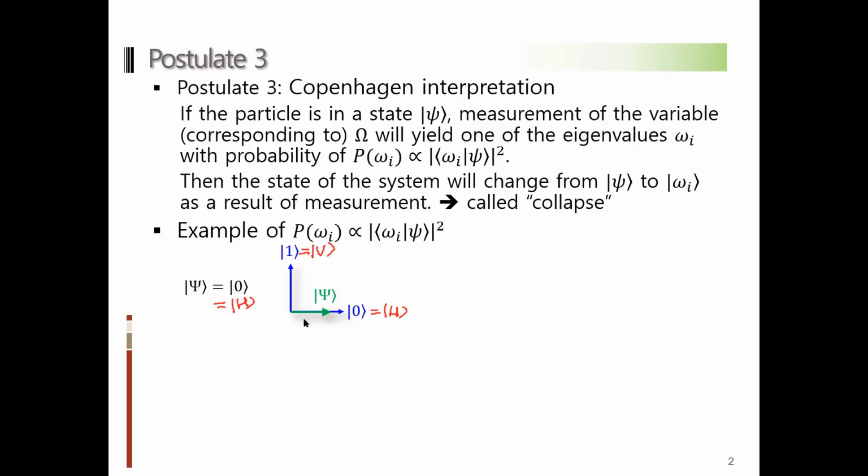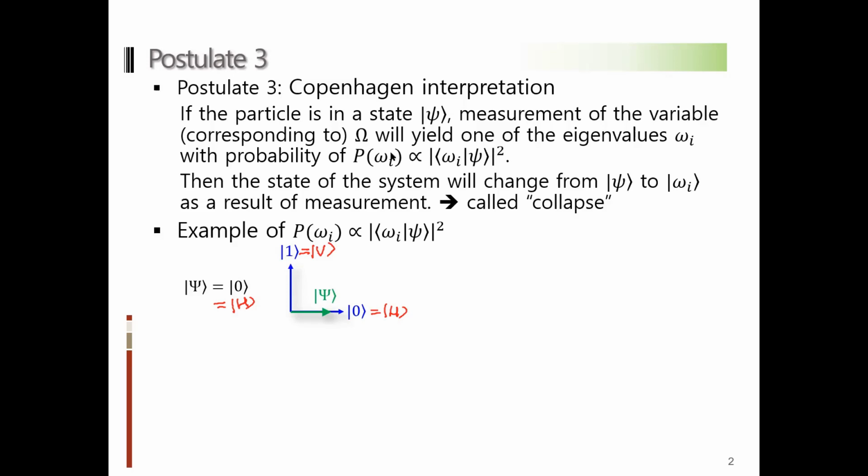From here, it is obvious that there is no chance that you will measure the number one case. So this situation satisfies this argument. Here it only says proportional, but because there is a zero coefficient in front of one, the probability of measuring zero is one, because if you calculate this, this part will become one, and the square of one is one.